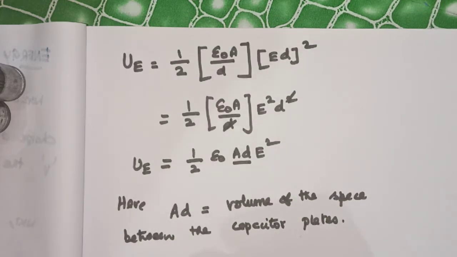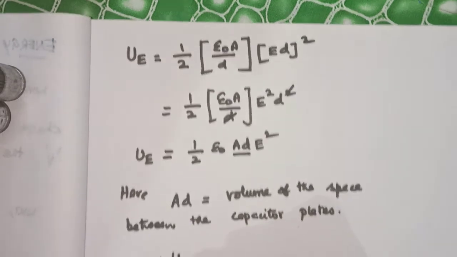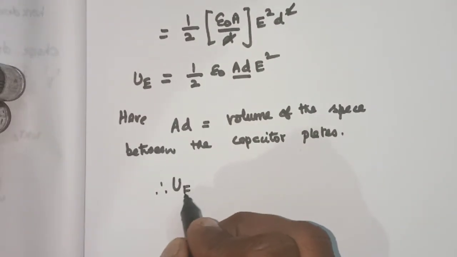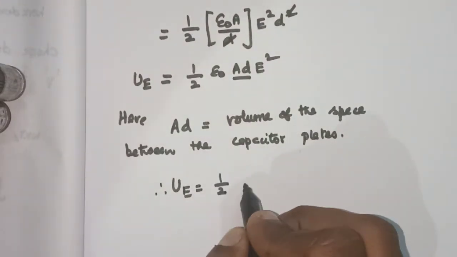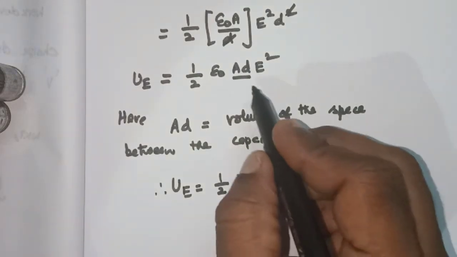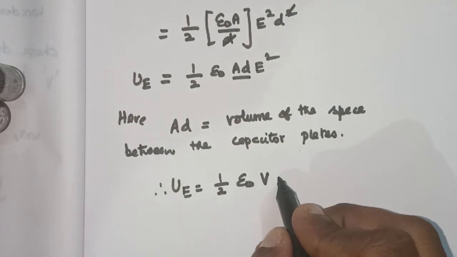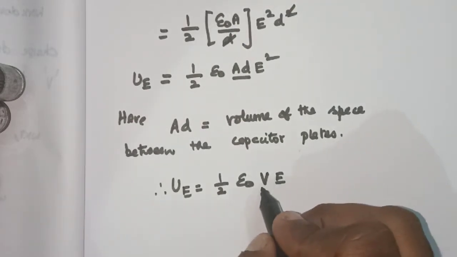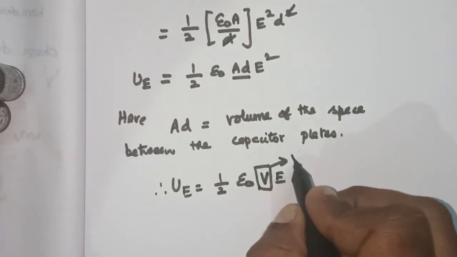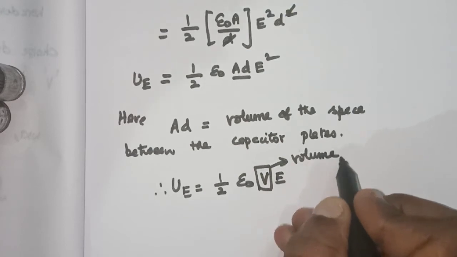Okay, so therefore UE equal to half epsilon naught, this should be written as V into E. So this is volume, not voltage.